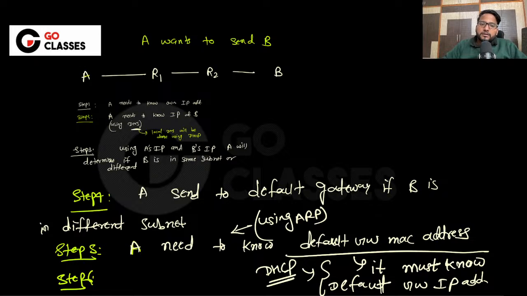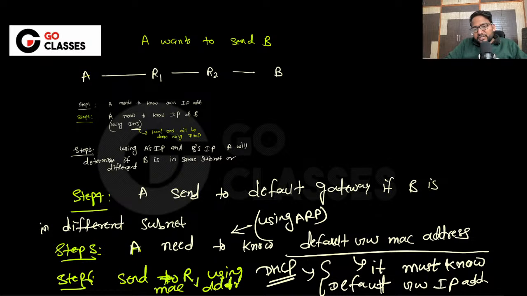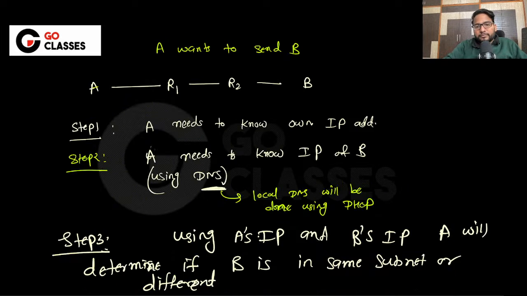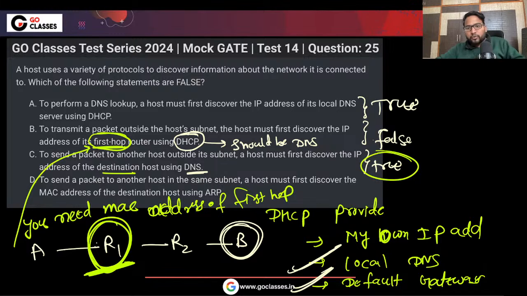Okay, and then once it knows the MAC address, then it will send to R1 using the MAC address, and obviously in the destination IP address keep the B address, right? So basically, yeah, that's true. This should be true, right?